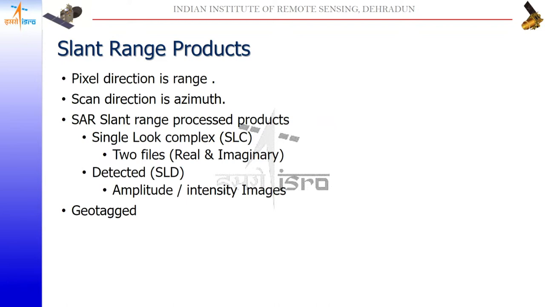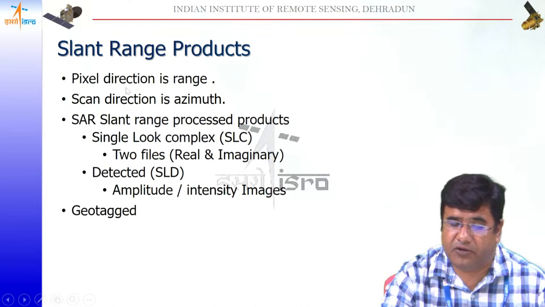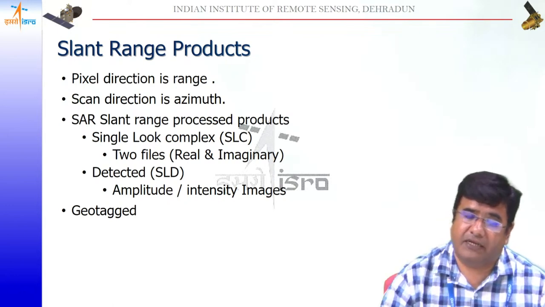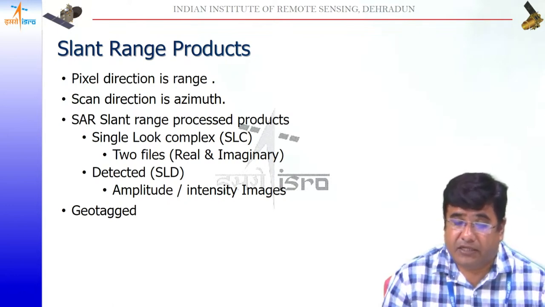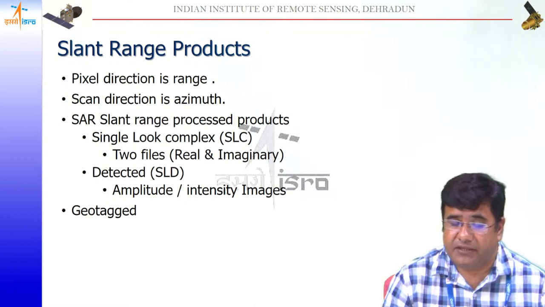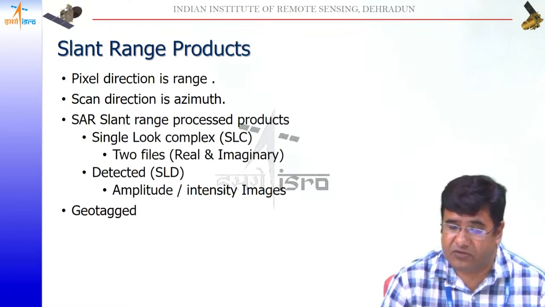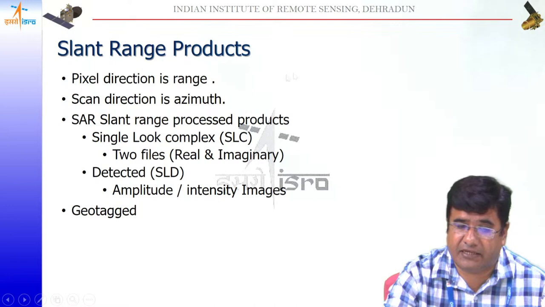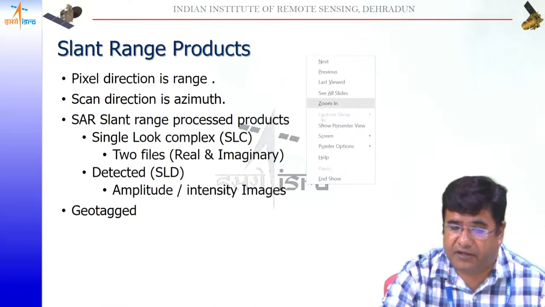Now, the slant range products. In the slant range product, the data is in the sensor geometry. Sensor geometry means we have range and azimuth.